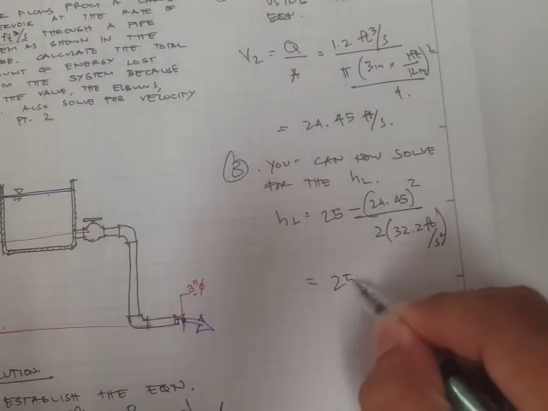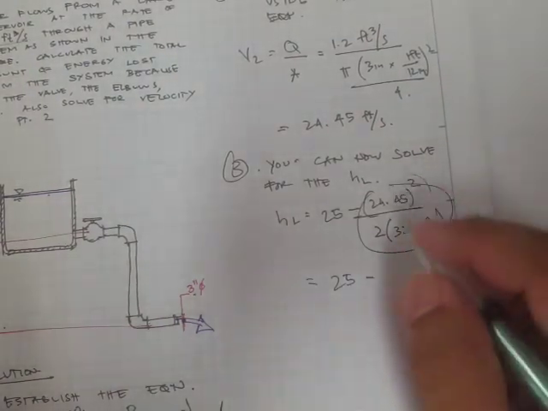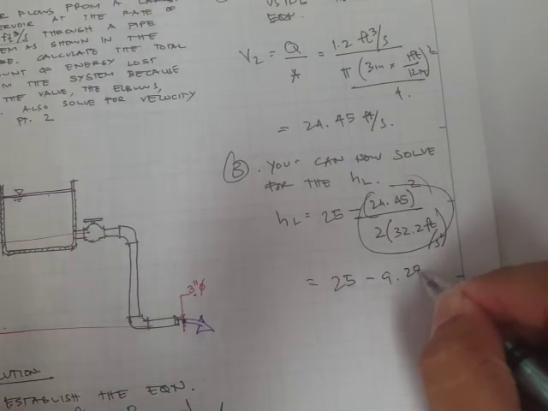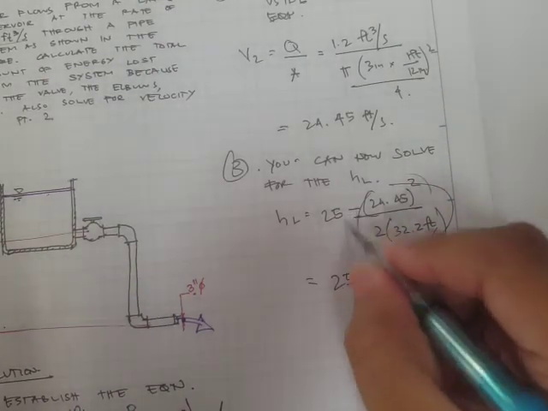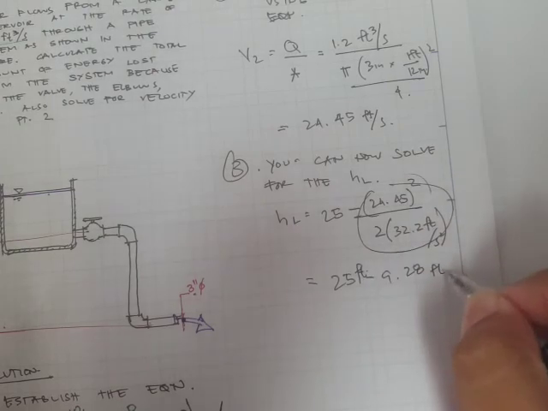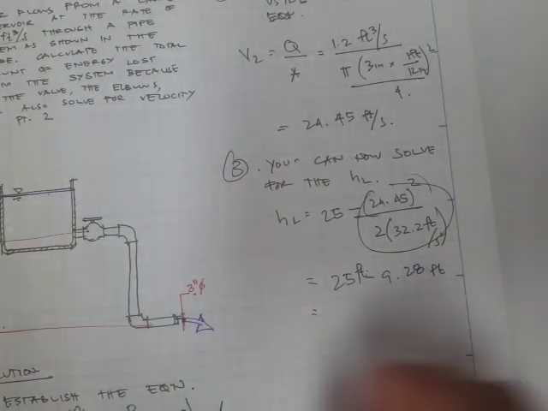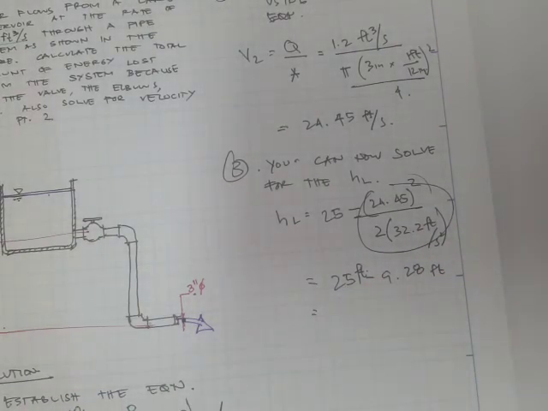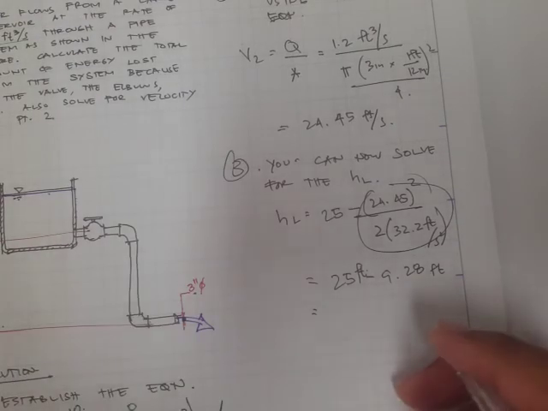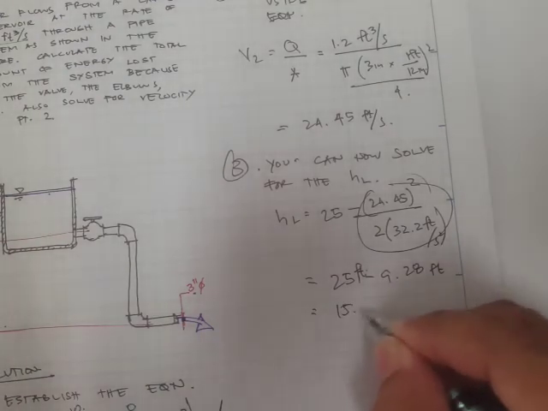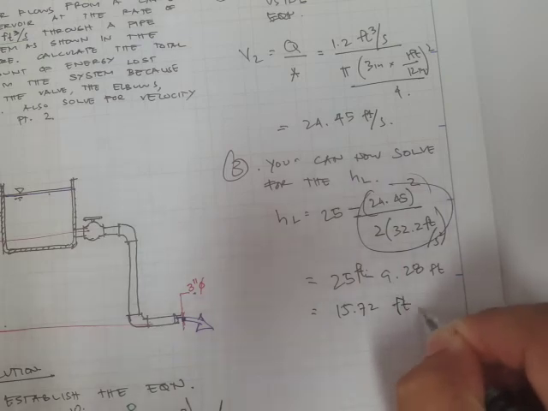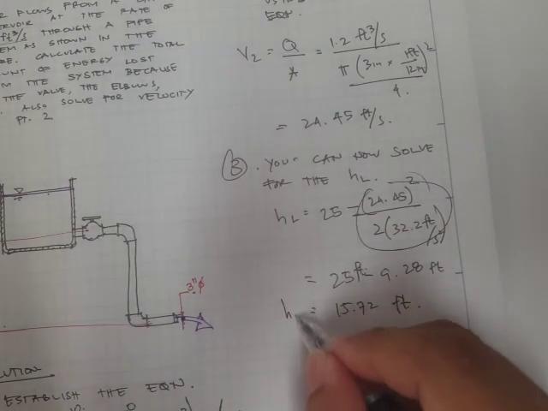Alright, so we have 25, and this term right here is equal to 9.28 something. And of course, this is in feet and this is in feet. Therefore, this is equal to 15.72 feet.